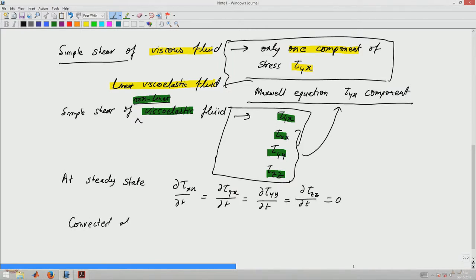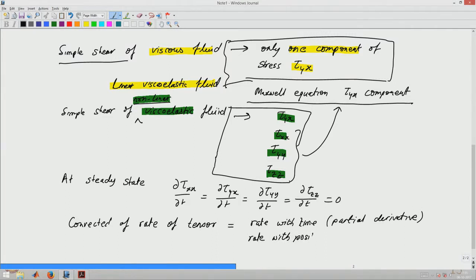The convected rate of a tensor quantity includes the change or the rate with time, which is the partial derivative, then the rate with position, which is basically the inertial terms from the Navier-Stokes equation, very similar to those, and so there are terms which indicate basically spatial derivatives, and then we finally have the rate due to deformation.